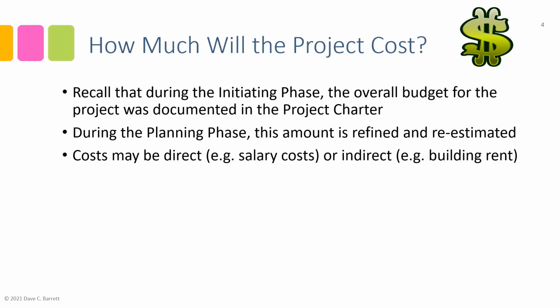Some projects will charge some portion of the building rent to the project and track it, and some may not. So it really depends upon the organization. Another example of indirect costs are perhaps the laptop or computer equipment that the project team is using.